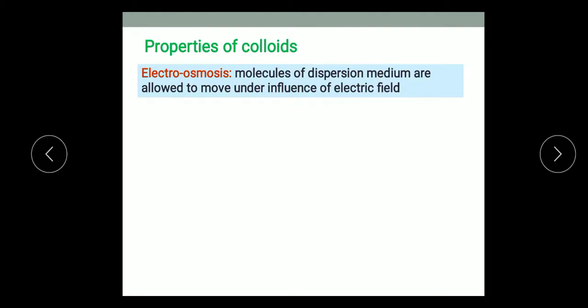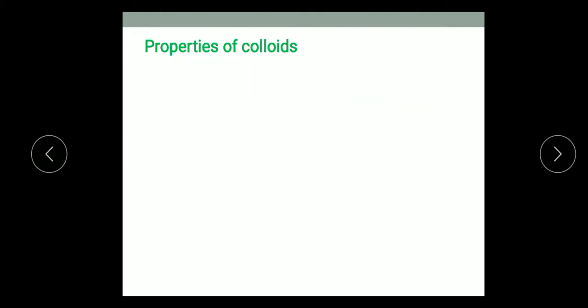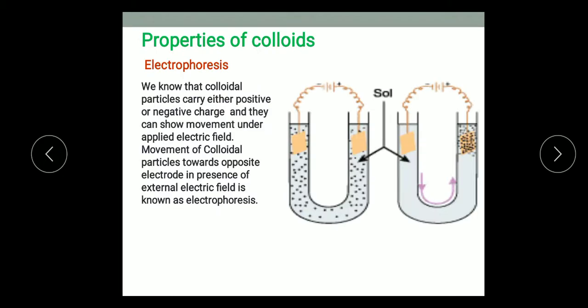Second is electroosmosis. Consider this figure, if I use here one semi-permeable membrane at this place, then what will happen? Then sol particles cannot move from one side to the other. Suppose we have an SPM here, and on one side we have a pure solvent, and on the other side we have colloidal sol.